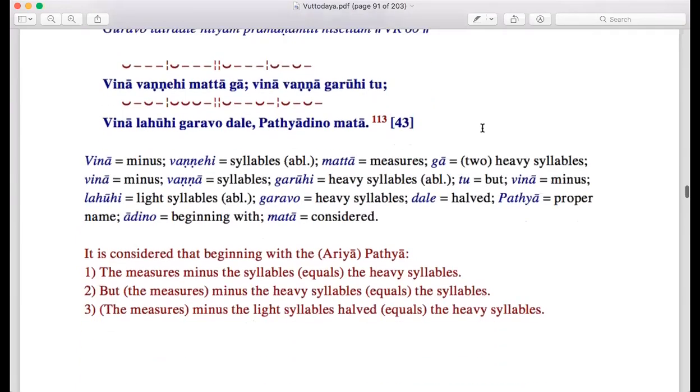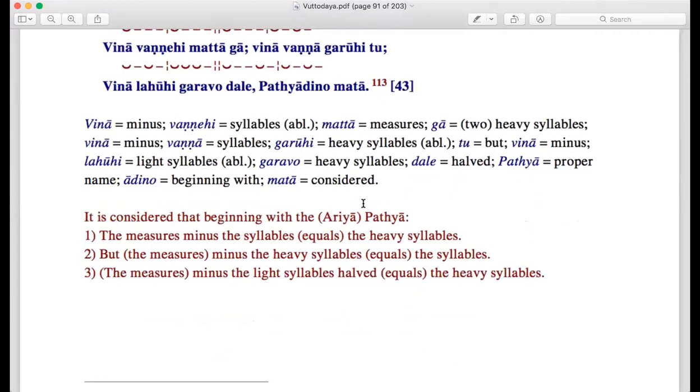The meaning is that, beginning with the Ariyapatya, the first verse in Matta Vutti, the measures minus syllables equals heavy syllables.